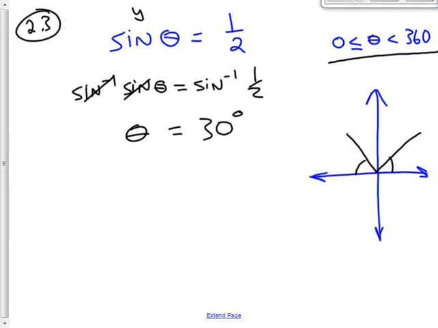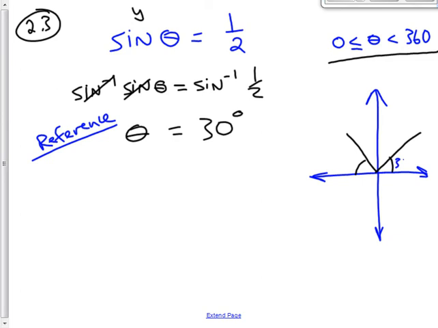Again, make sure that your calculator is in degrees, because everything that we're going to be looking at here is going to be in degrees. So what I ended up finding is a reference angle. The reference angle is 30 degrees.